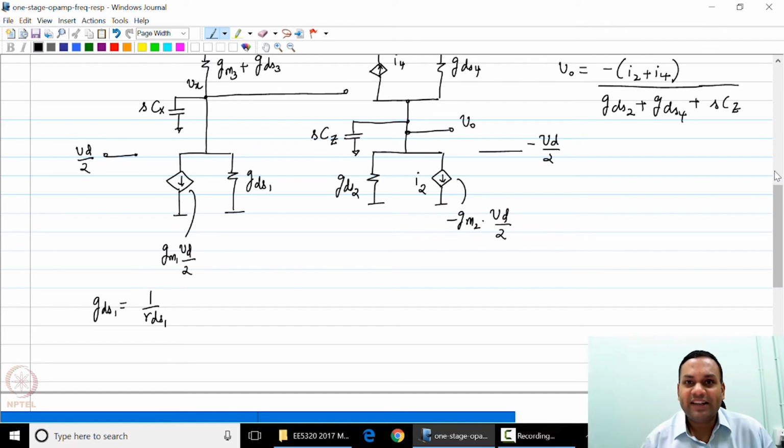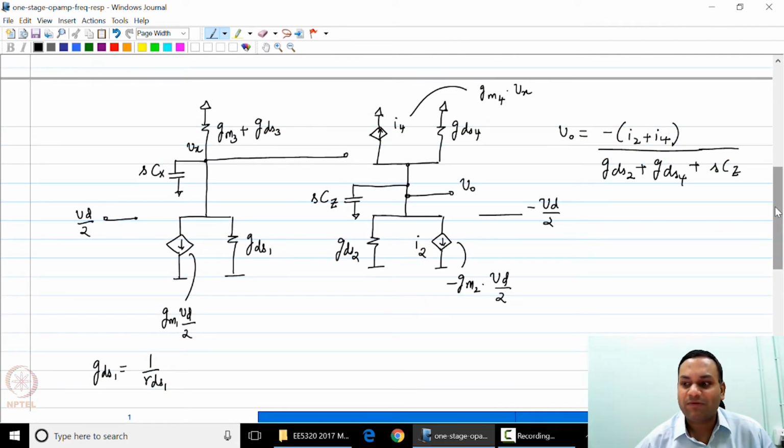We are assuming that the two transistors on either side of the line of symmetry are identical. Now let us find out what I4 is. I4 is nothing but gm4 times Vx. We now need to find out what Vx is.